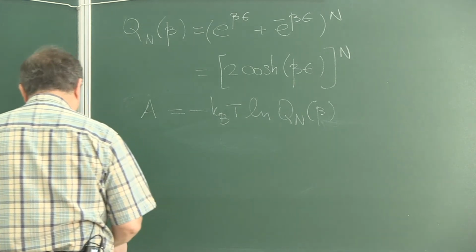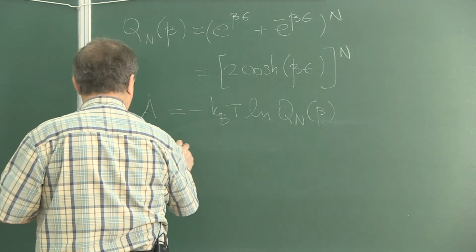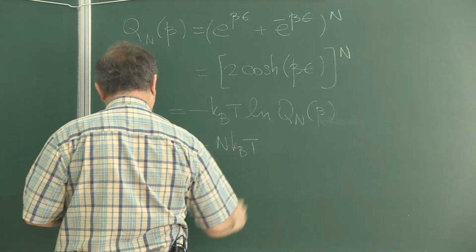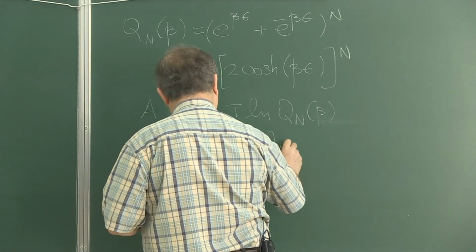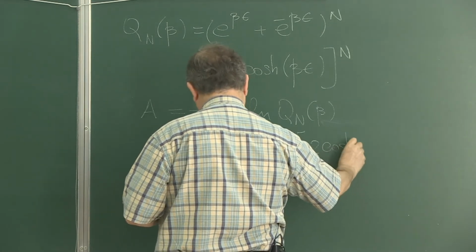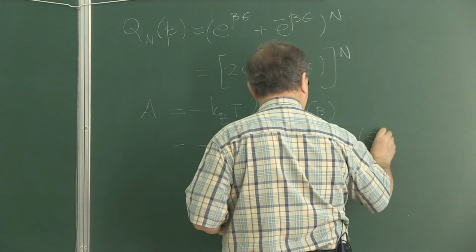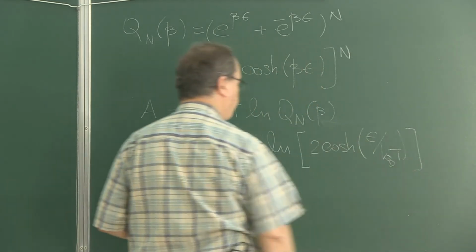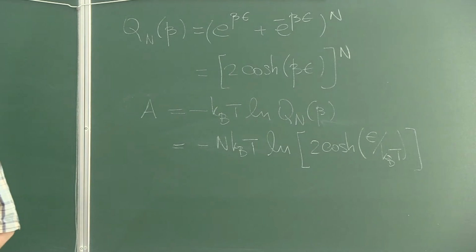So that is the Helmholtz free energy: minus N kBT ln of 2 cosh(epsilon over kBT) in explicit form. Okay? Can you see? So you have to change your place.